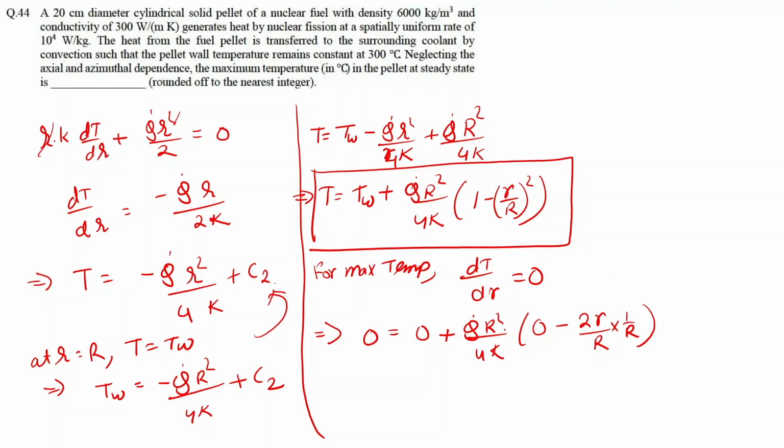This term can't be equal to 0, and also we have been given that the radius of the pellet is not 0, so this term will only be equal to 0 at r equal to 0. So from this we get that at r equal to 0, T will be T max. To find the maximum temperature, we can put the value of r equal to 0 in this equation.